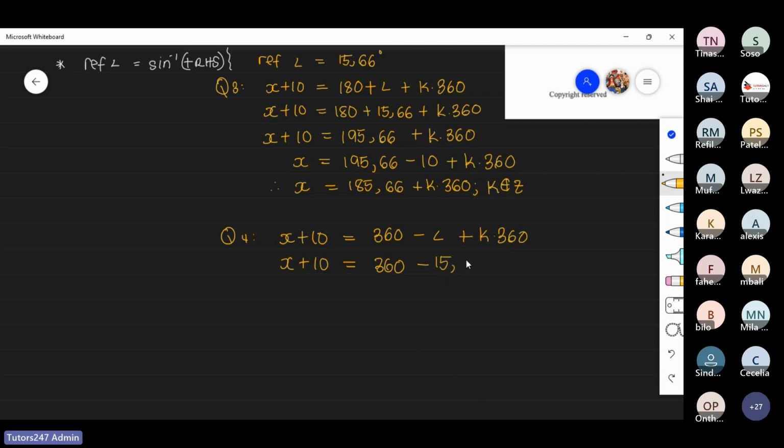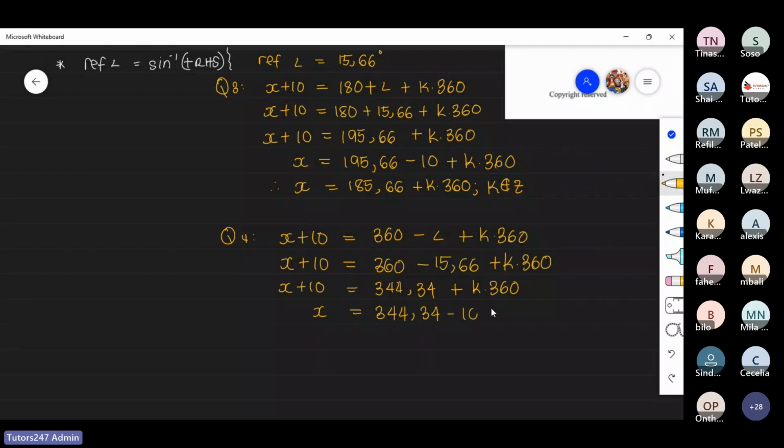Minus 15,66 plus k times 360. Now from here, let's see, 360 minus 15.66. All we needed to do was subtract 360 minus 15.66. We end up with 344,34 plus k times 360. From there, because we've simplified the right-hand side as far as possible, we can move that positive 10 to the right-hand side, making it negative 10.